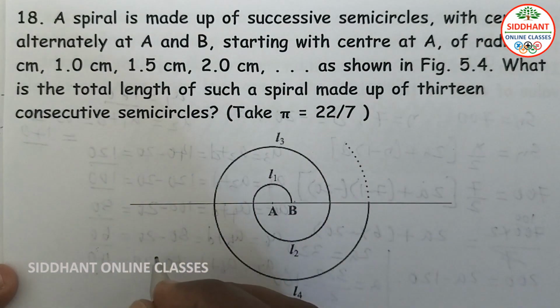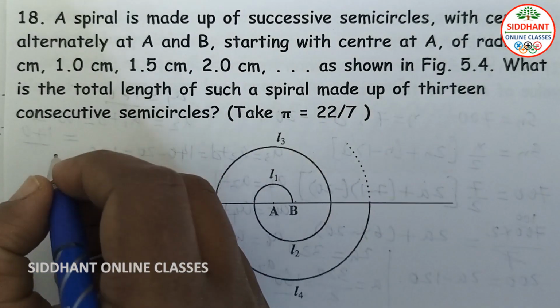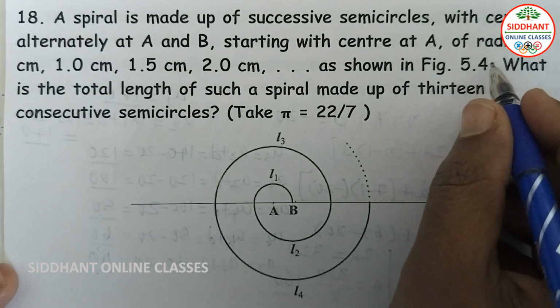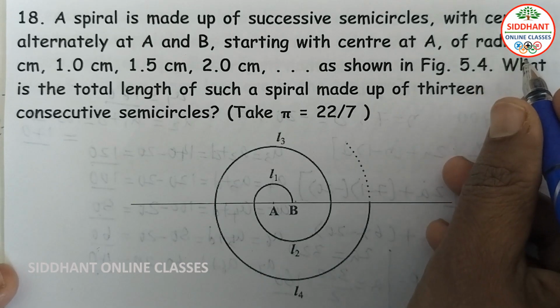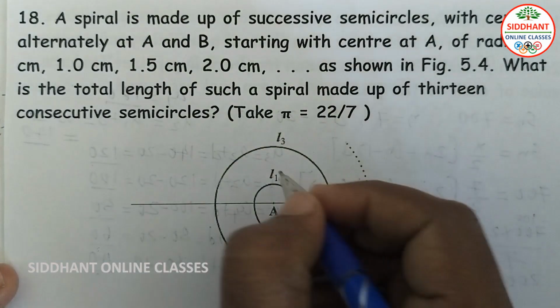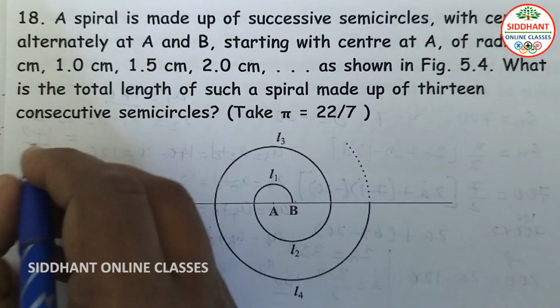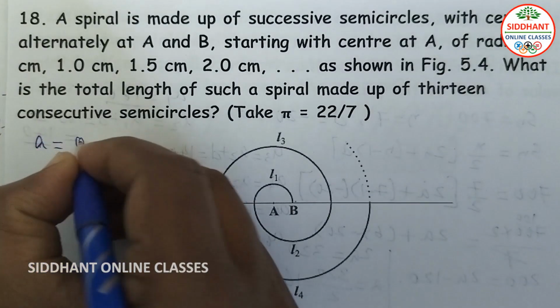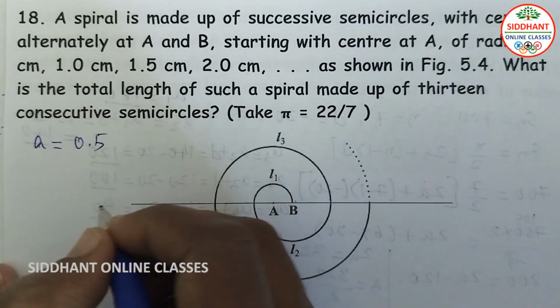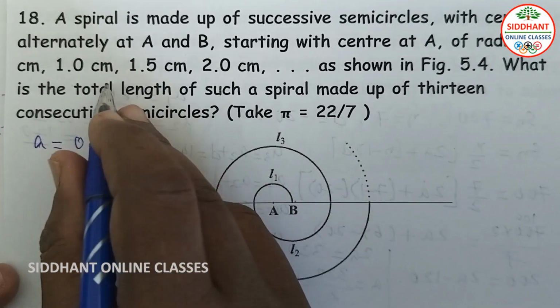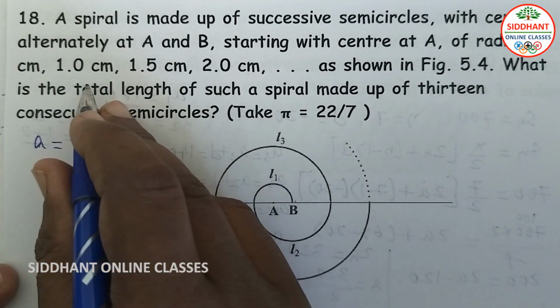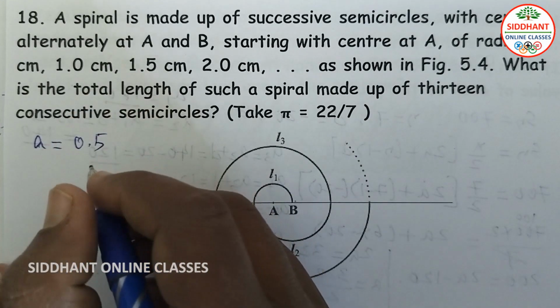So in this, the information given is the radii, which starts at 0.5 centimeter. The semicircle radius is 0.5 centimeter, that means A is equal to 0.5 here. And the second one is 1.0, third is 1.5.